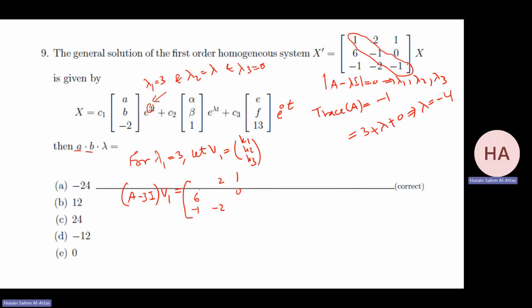It is A minus 3I. Yes, that's correct. 1 minus 3 is -2. This is -4. -1 minus 3, that also will be -4. K1, K2, K3 equal 0, 0, 0.